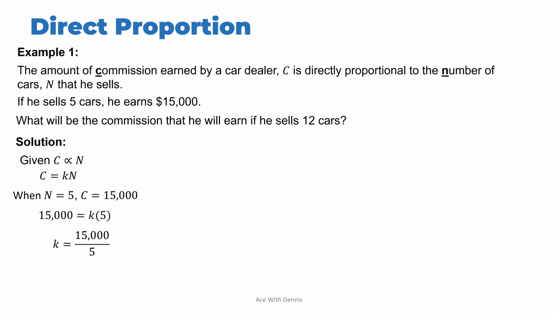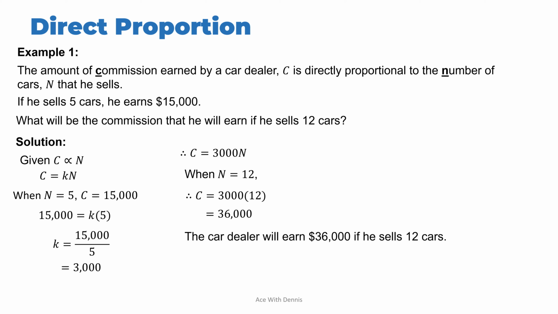So k equals 15,000 over 5, and the constant k value is 3,000. So we can rewrite the equation to be C equals 3000N. When N is 12, then C equals 3000 times 12, which is 36,000. Hence, the car dealer will earn $36,000 if he sells 12 cars.